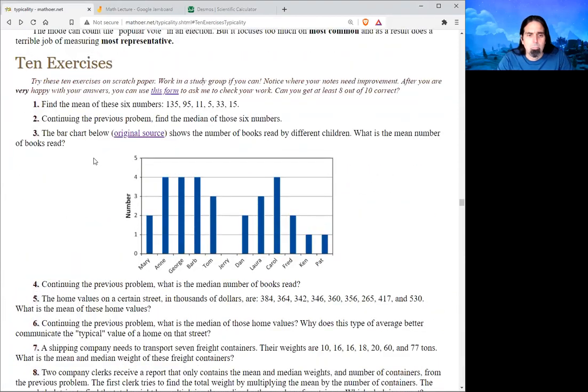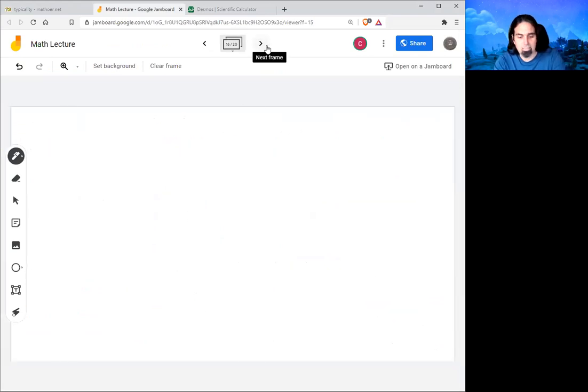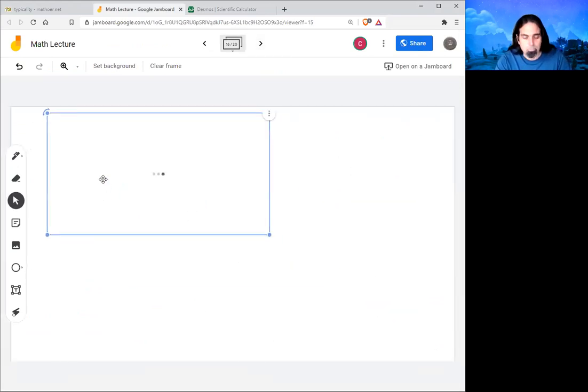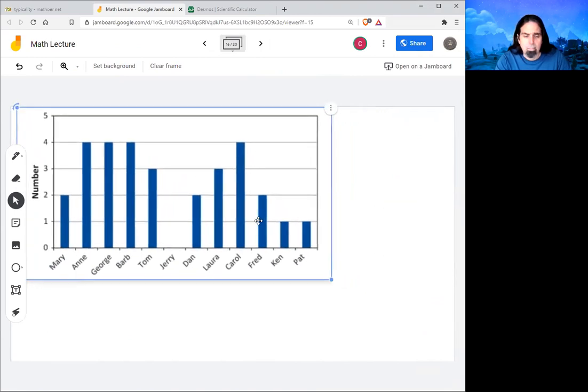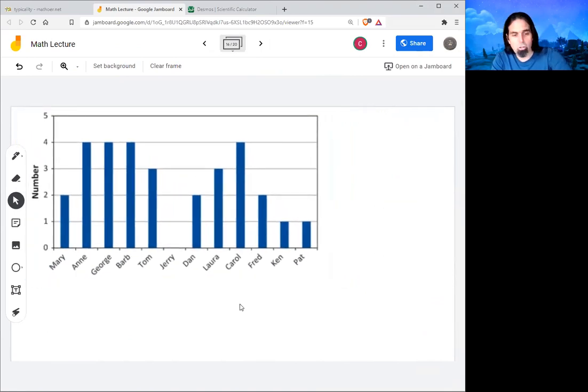Okay. Bar chart. So we need to change this chart into a list of numbers.